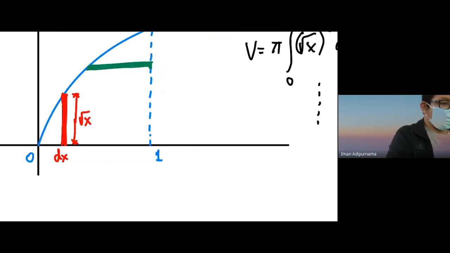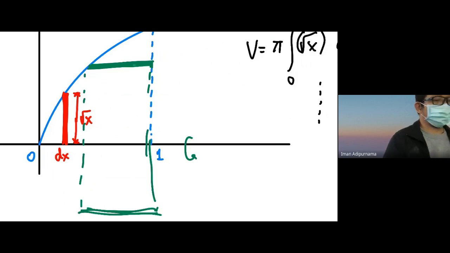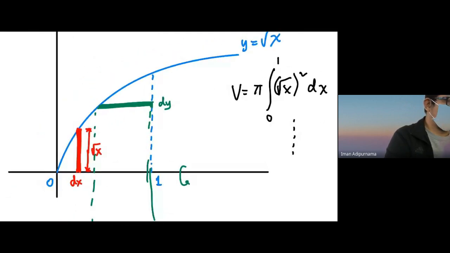Okay, we are going to rotate here. So this is what it looks like. Now we are going to have dy. So we are going to exchange all in terms of y. Now we have x is y squared.